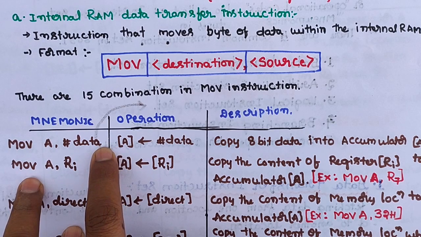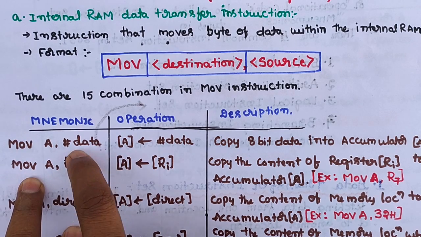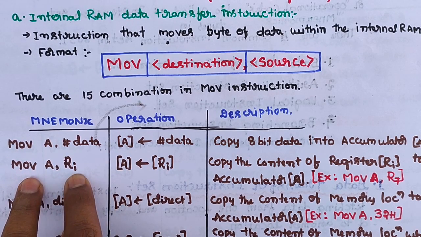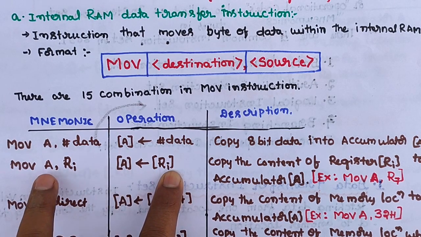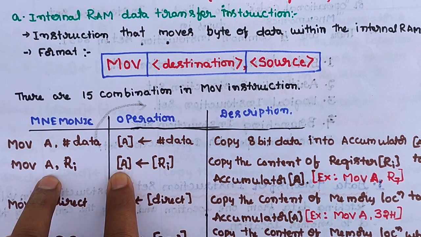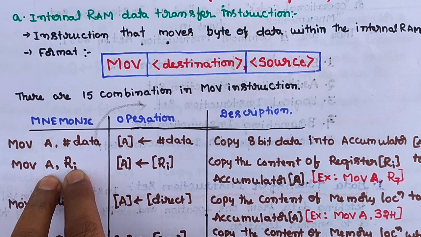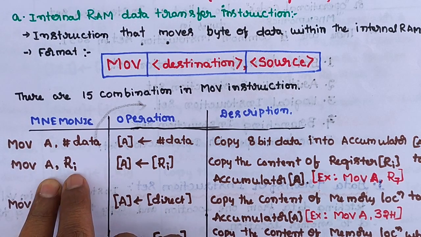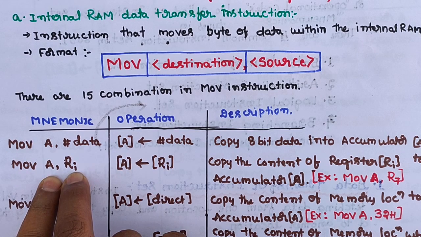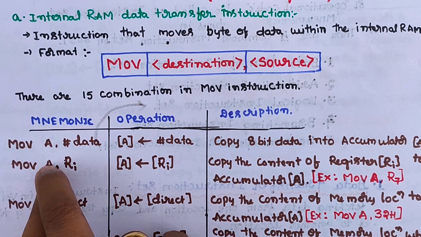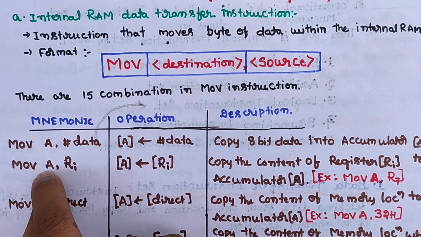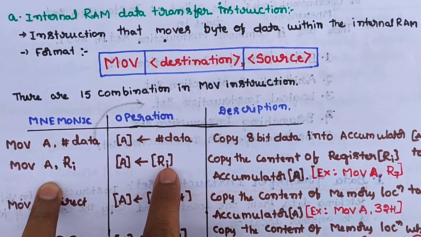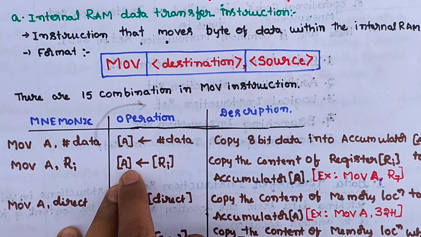This is the immediate addressing mode, where the direct data is specified in the instruction. And in register addressing mode, the content of a register is copied to the accumulator. This is the destination address and this is the source address, so the content is copied from the source address to the destination address. Here the source is a register and the destination is the accumulator, therefore the content of the register is transferred to the accumulator.